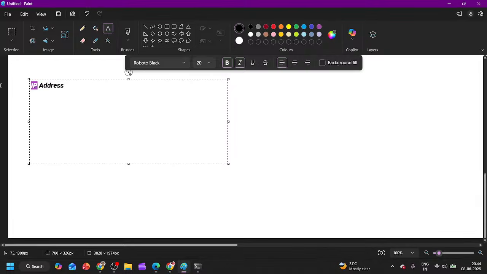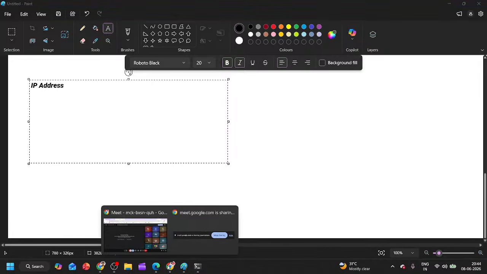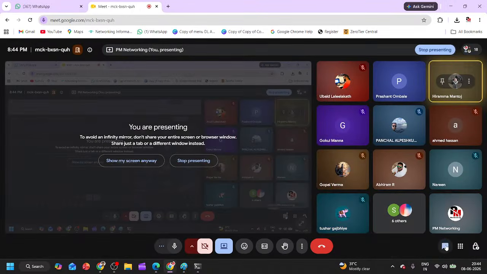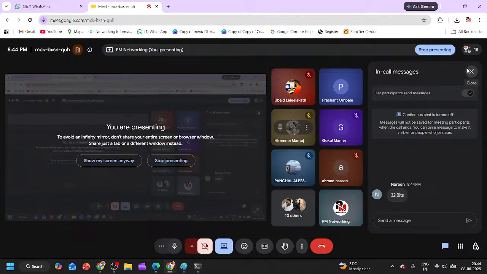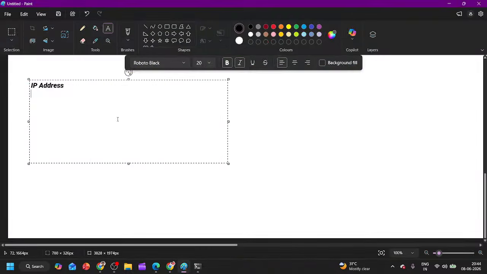I have not defined the version. When I say v6, then it is IP version 6. Right now, I'm talking about version 4. So what is the length of an IP address? 32 bits. Good, it is a 32 bit address.